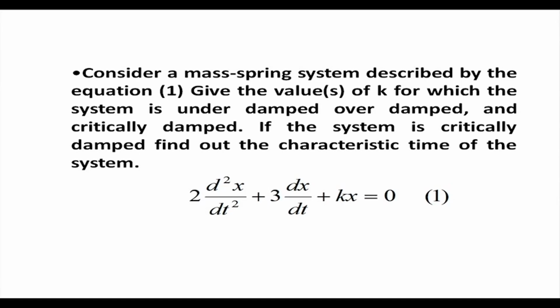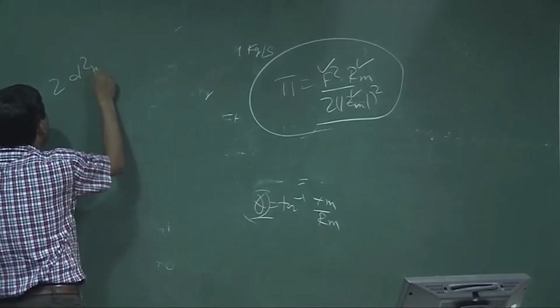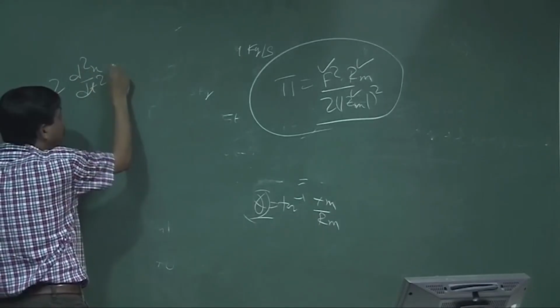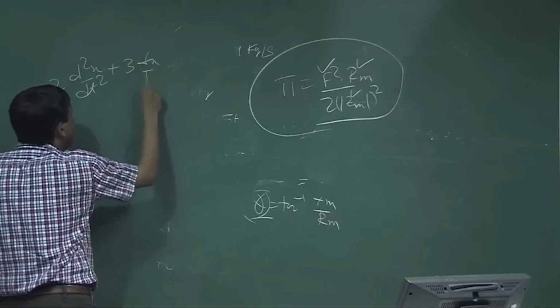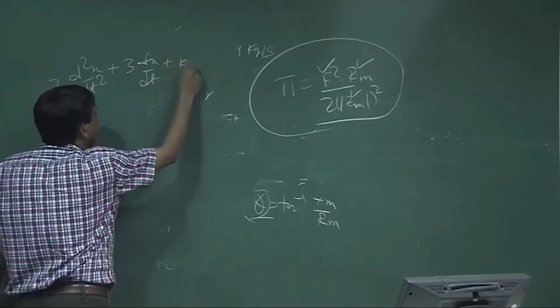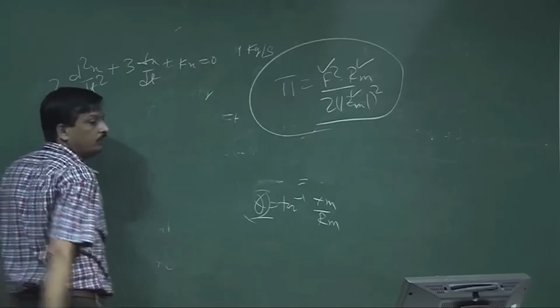What is given? Instead of circuits, they give an equation of the mechanical motion: 2 d2x by dt square plus 3 dx by dt plus kx is equal to 0.